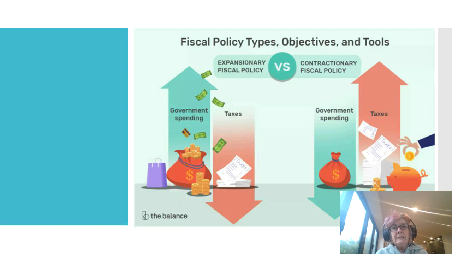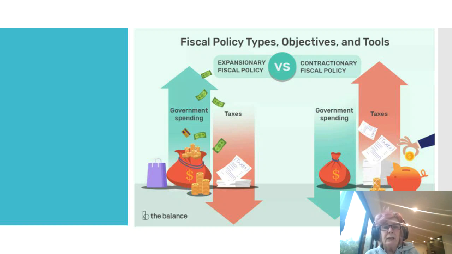So fiscal policy is used at two different times. If aggregate demand is very slow, we're at the trough at the bottom of the economic cycle, government will try to use expansionary fiscal policy often. And this involves government spending, because we know that government spending is a component of aggregate demand. If government spending rises, then aggregate demand will rise.